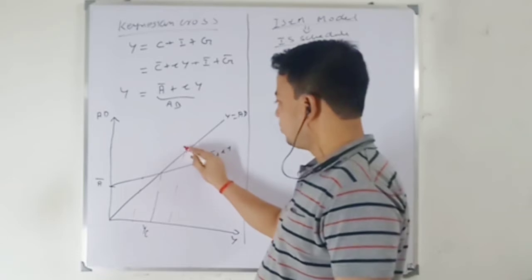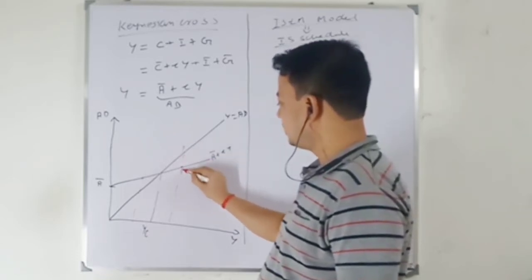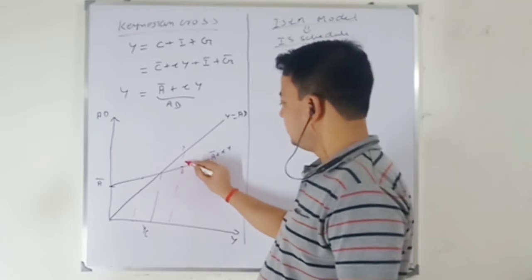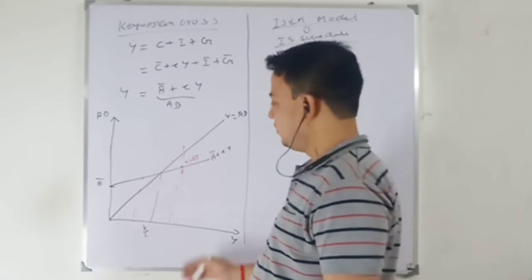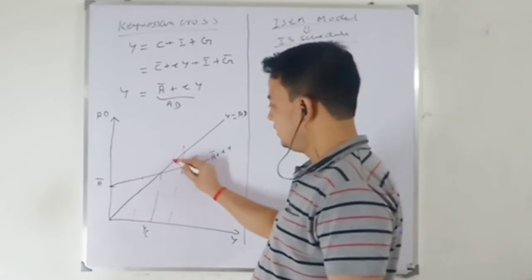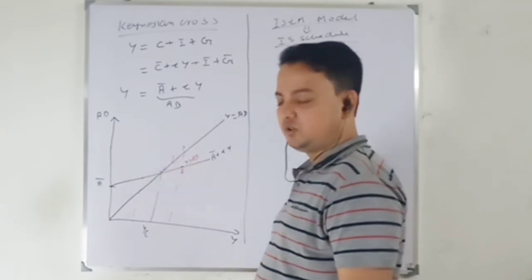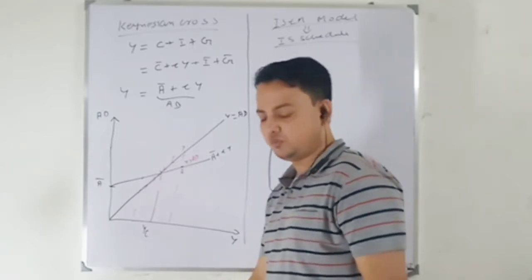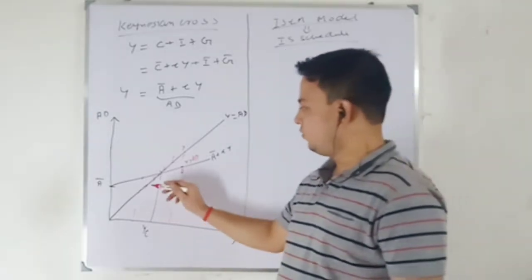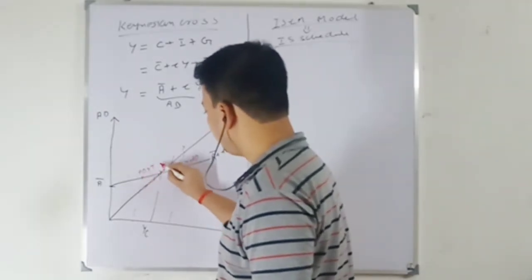Then at this point, output is more than aggregate demand. When output is more than aggregate demand, unplanned inventory will form. In the subsequent period, you will reduce production here, and here you will increase production, and you will reach this equilibrium. So always write the proper argument, like here aggregate demand is more than output at this point.